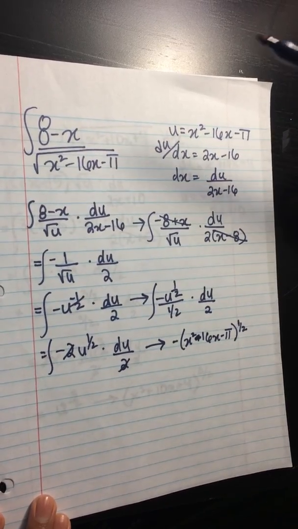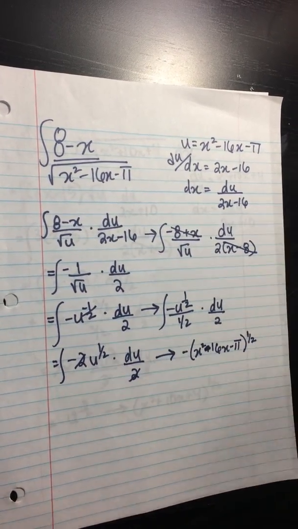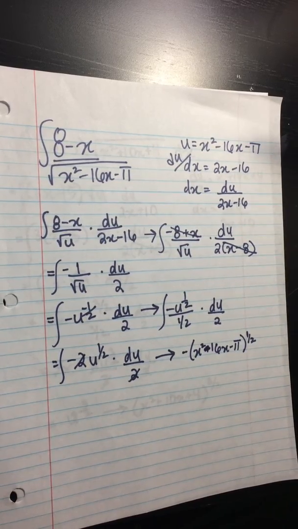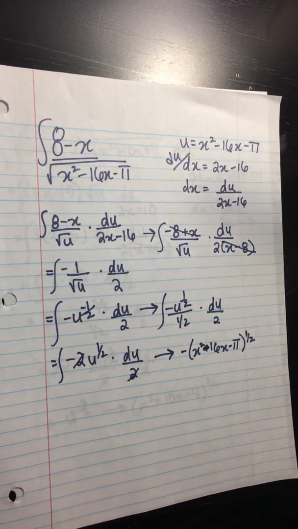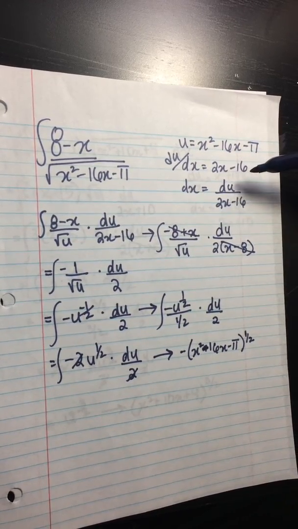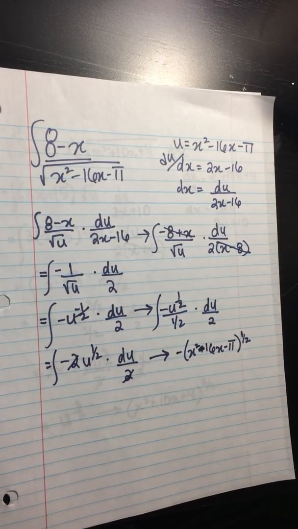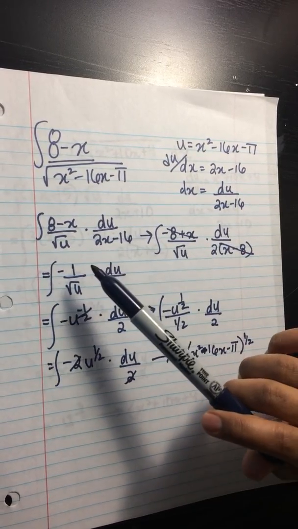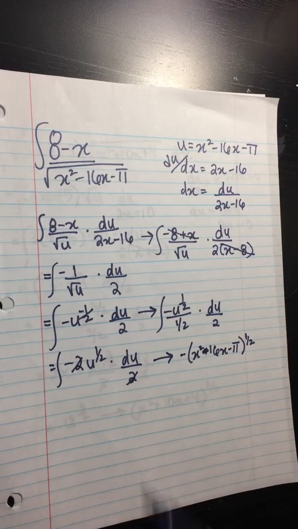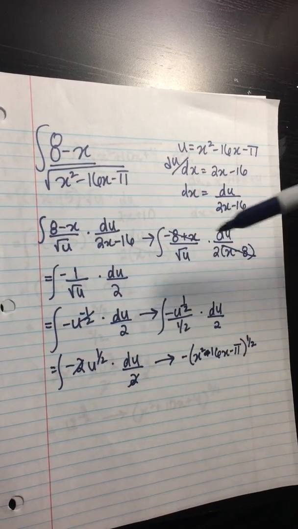Okay, for this question, 8 minus x over square root of x squared minus 16x minus pi. The u would be the denominator, so the dx would be du over 2x minus 16, which is the derivative of this. So here I plugged in the u, so 8 minus x over square root of u times du over 2x minus 16.